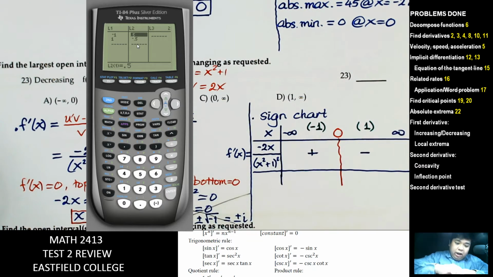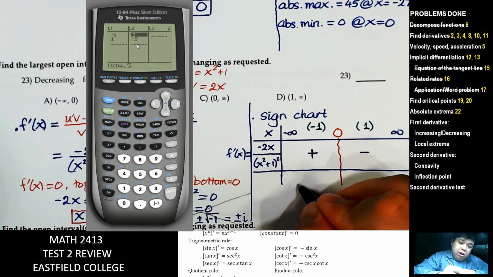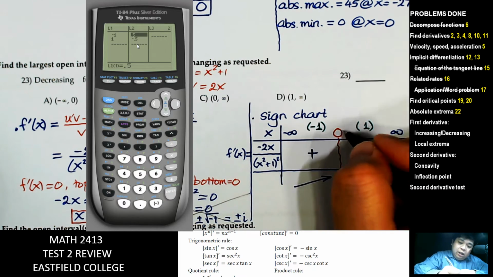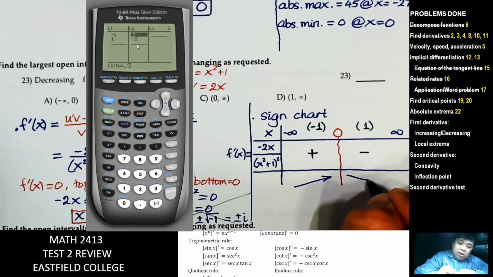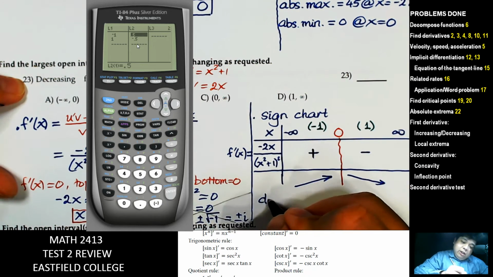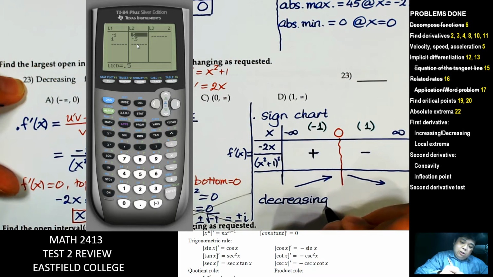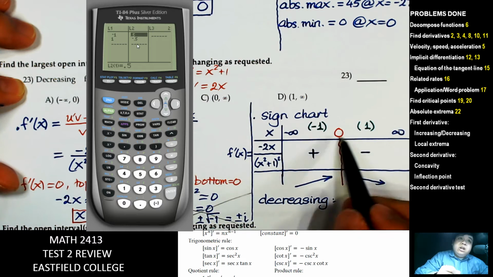If the derivative is positive, the function is increasing. If it's negative, the function is decreasing. The question asks where the function is decreasing, so it is decreasing on this interval.